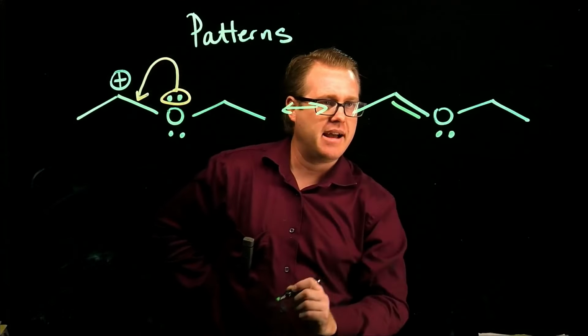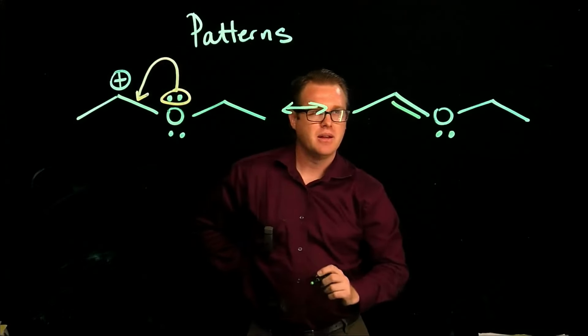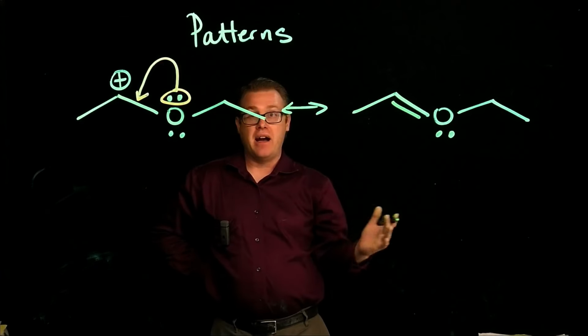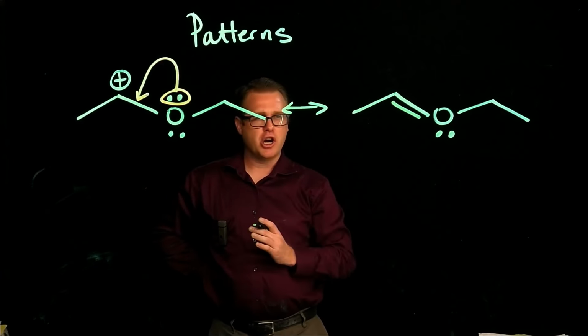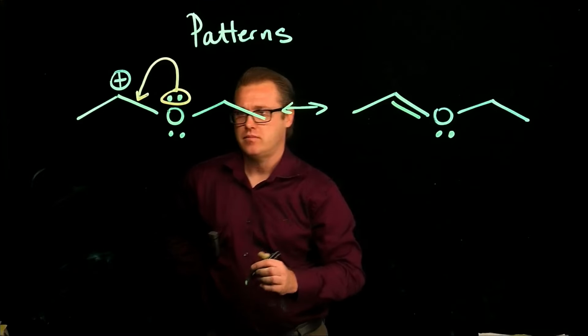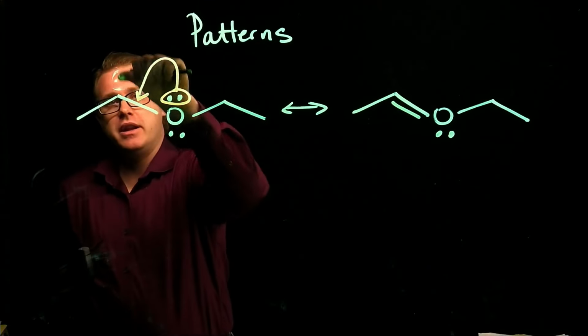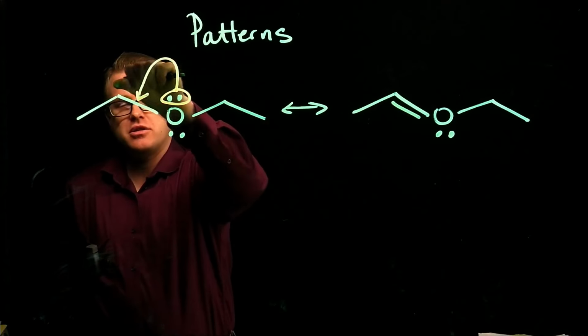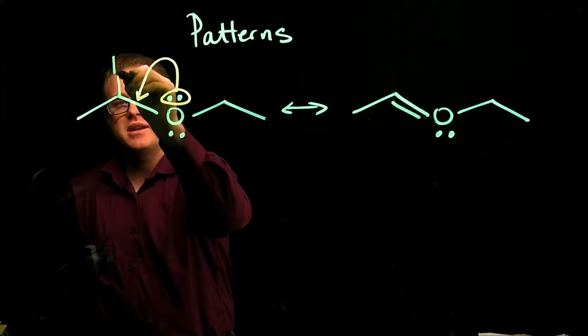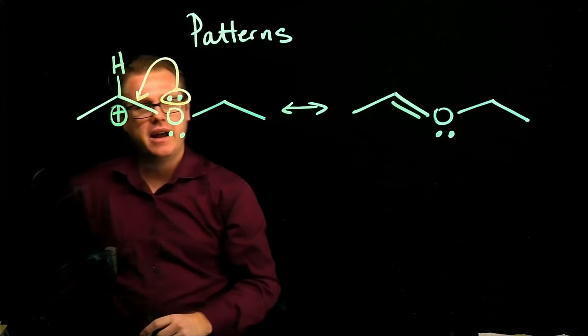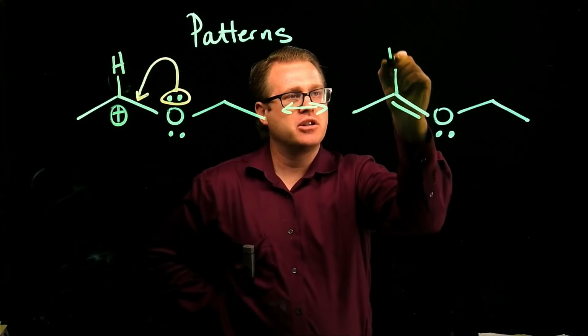So I represent that with a double bond. Now I evaluate, where's the formal charge now? Well, you got to get really good at looking at skeletal structures and knowing exactly how many atoms there are. That has a hydrogen there, right? So that hydrogen is still there.